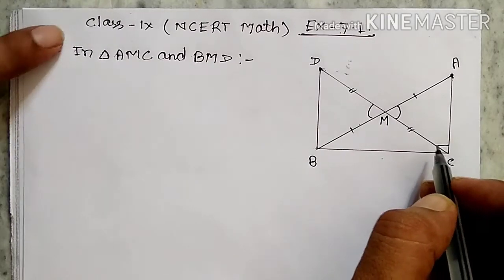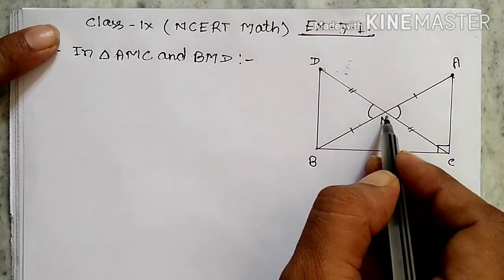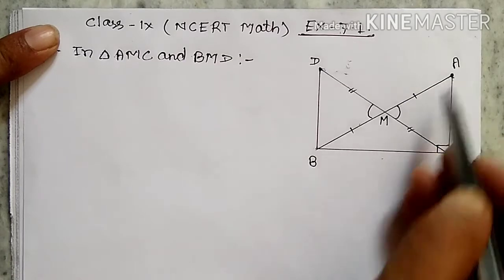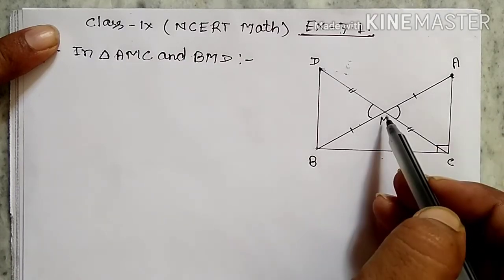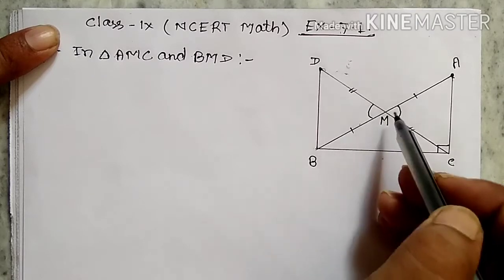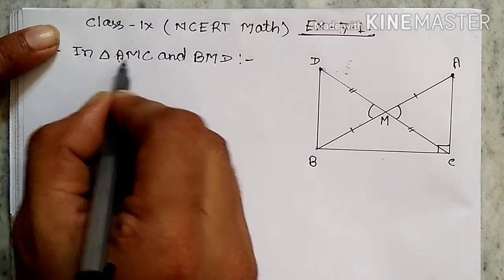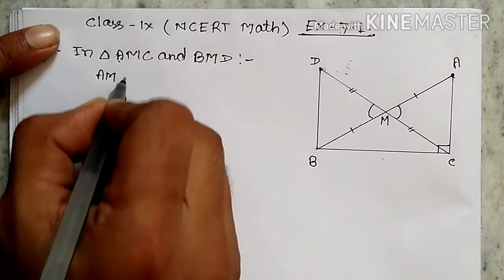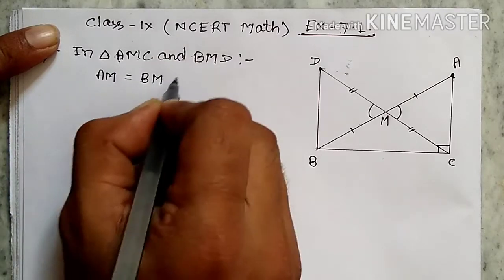So in triangles AMC and BMD, AM is equal to BM. It is given.